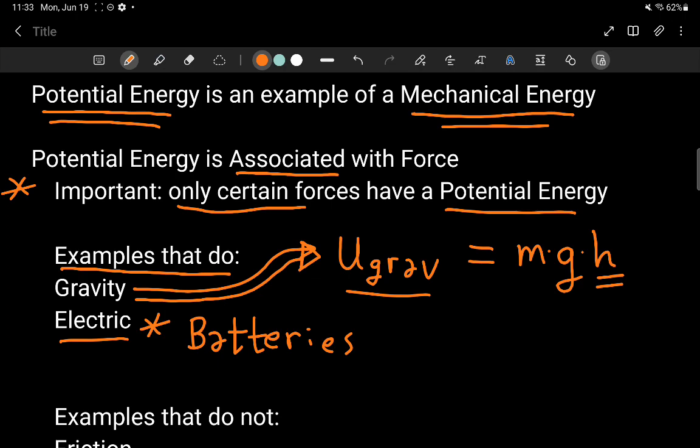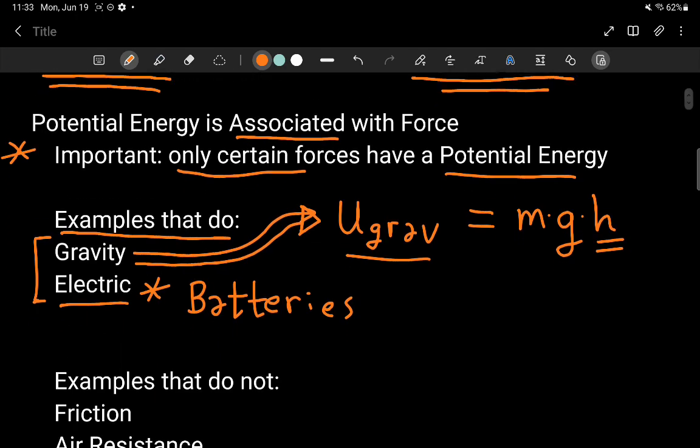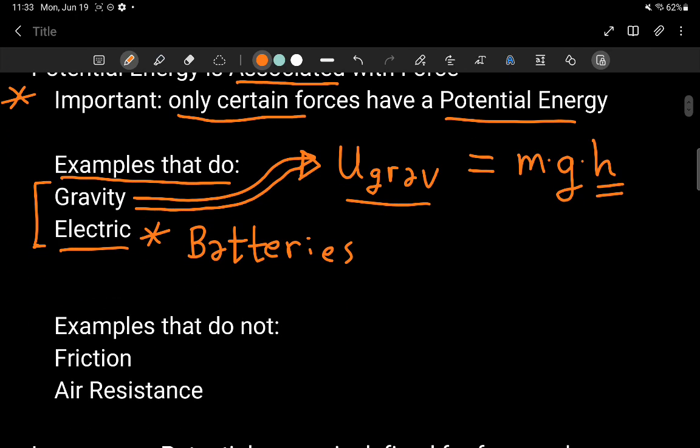So these are examples of forces where there is a potential energy, and some examples of forces where there is not a potential energy are friction, like if a box slides across a floor, or air resistance, like an object falling under the influence of gravity, but where the speed is moderated by air resistance.